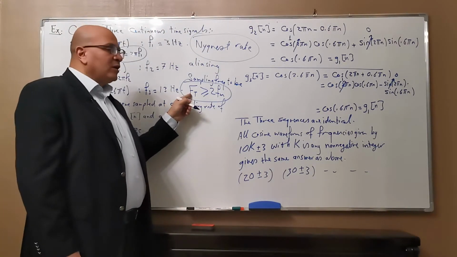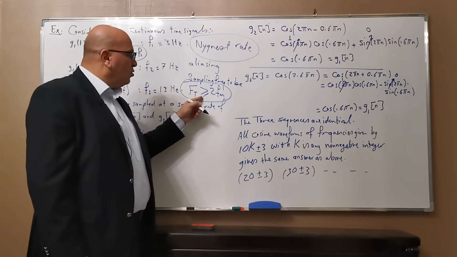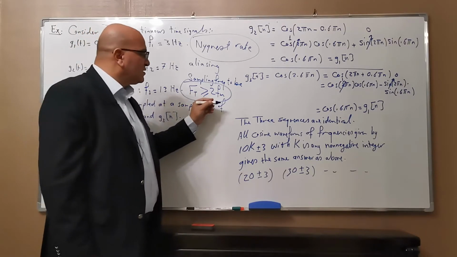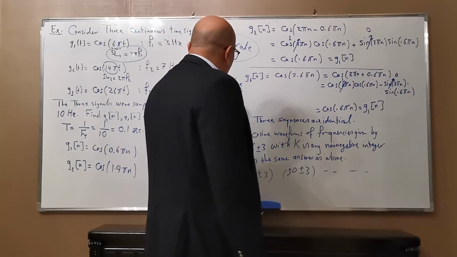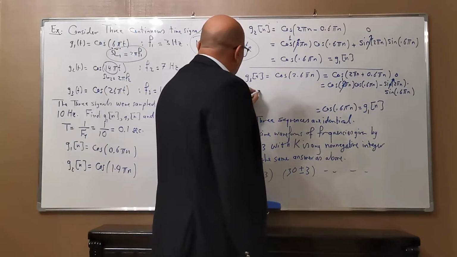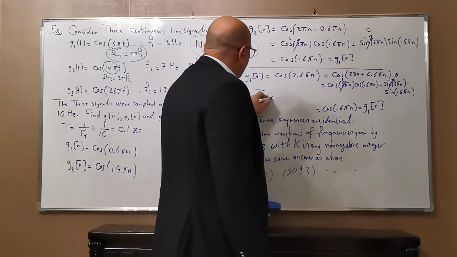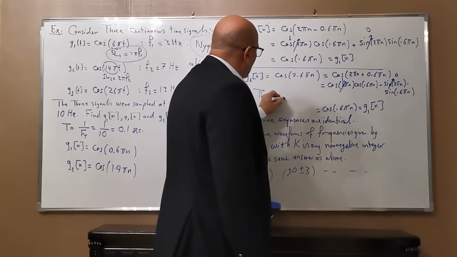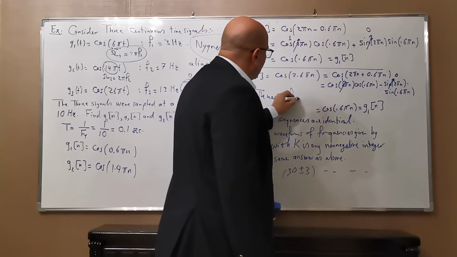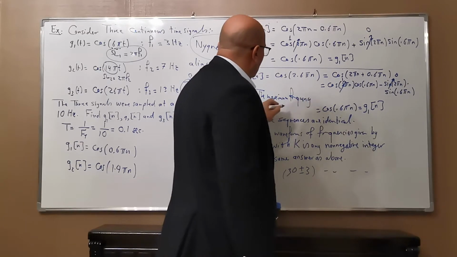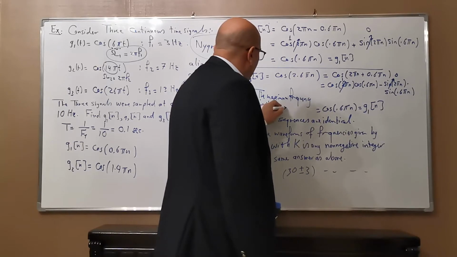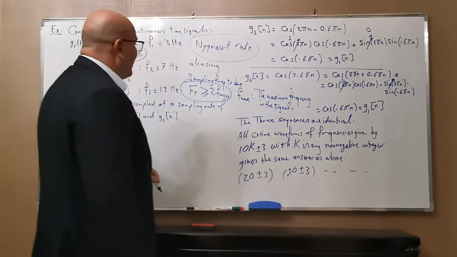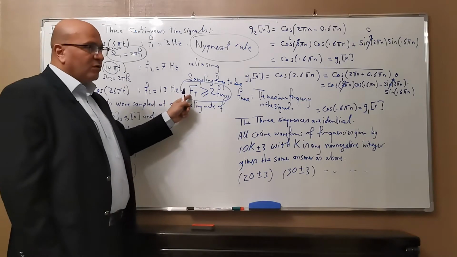So your sampling frequency should be more than or equal to twice the maximum frequency in the signal. F maximum is the maximum frequency in the signal. So if you want to do sampling, you have to be careful about this.